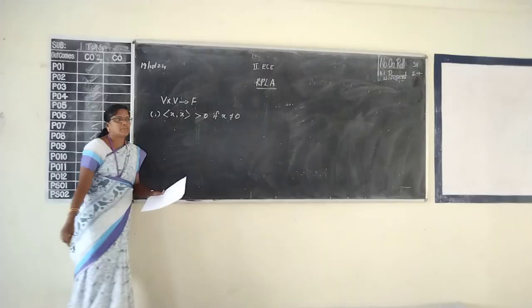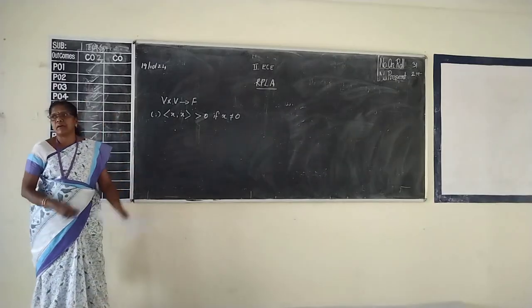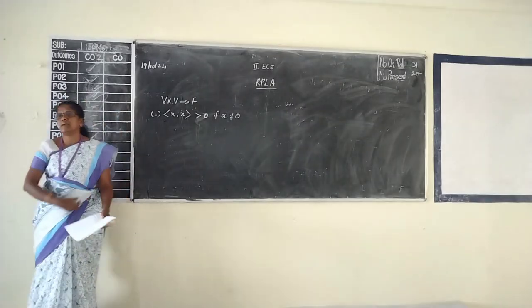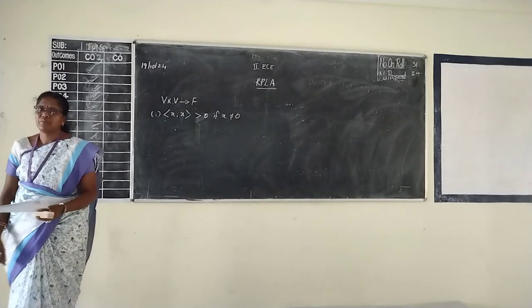So take the conditions. First condition, the inner product of x comma x is greater than 0 if x is not equal to 0.